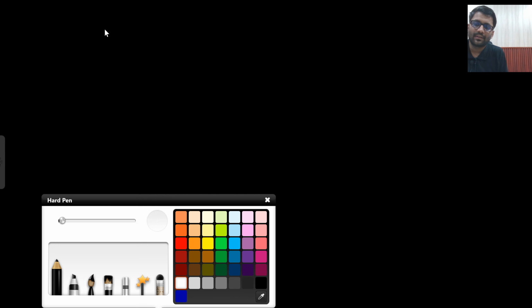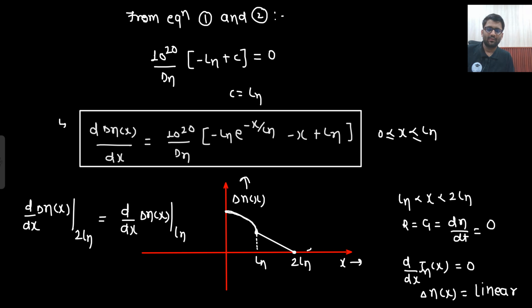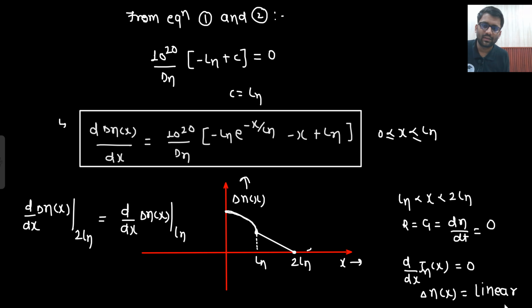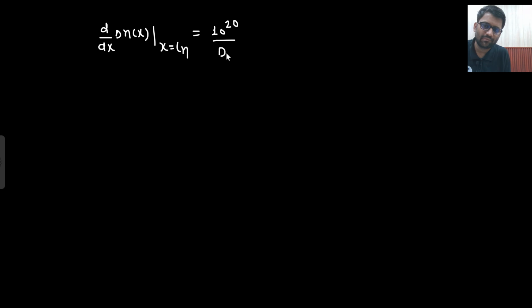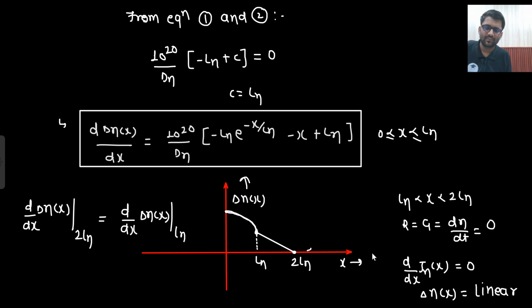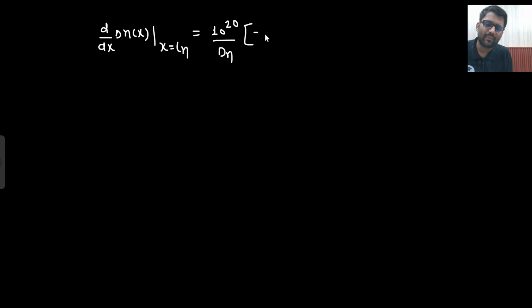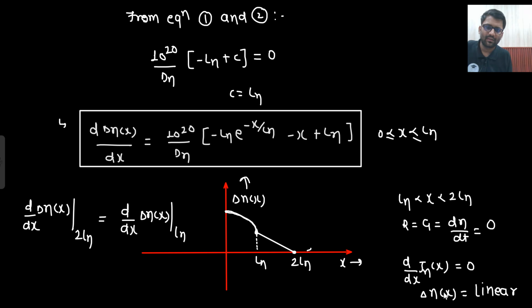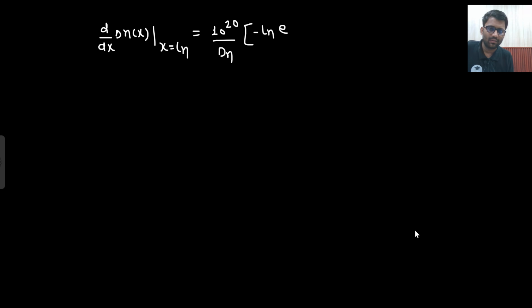So what I would do is, d by dx delta nx at x equal to ln, that would be equal to what? 10 to the power 20 divided by dn, minus ln e to the power minus 1.